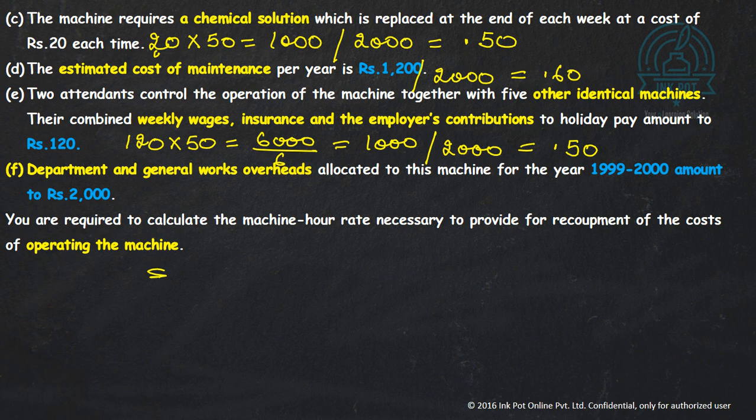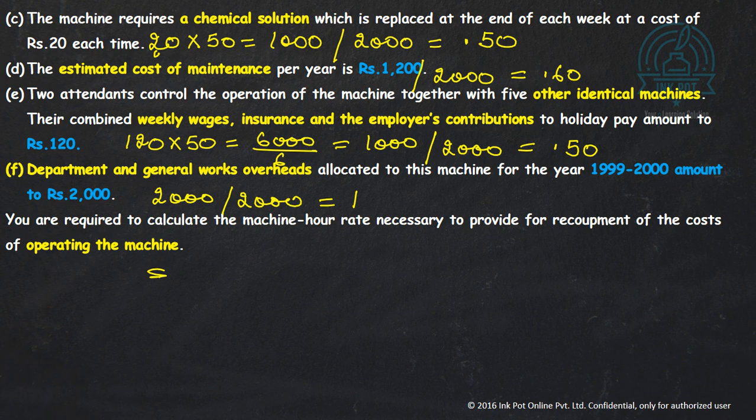But here we have only one machine. So 2000 divided by productive hours, which are 2000 again, is equal to 1. So we have calculated all the costs.